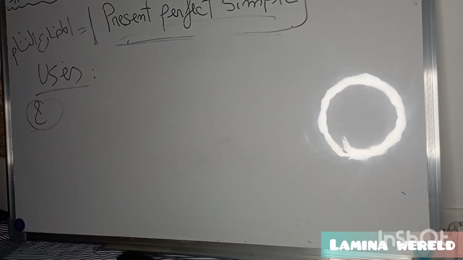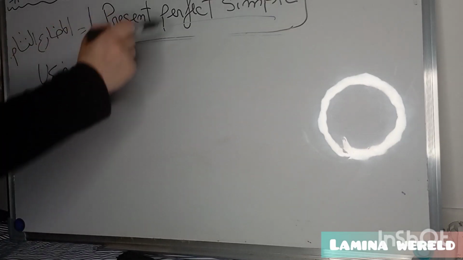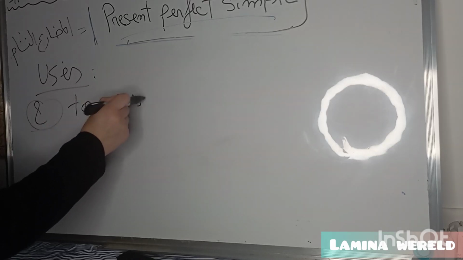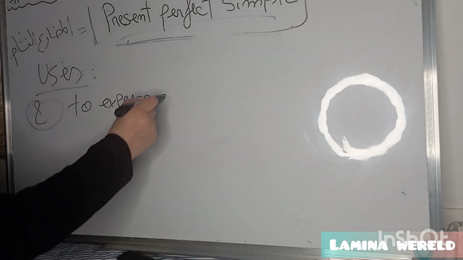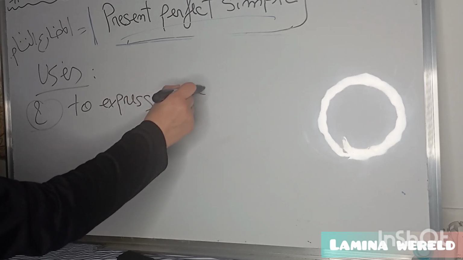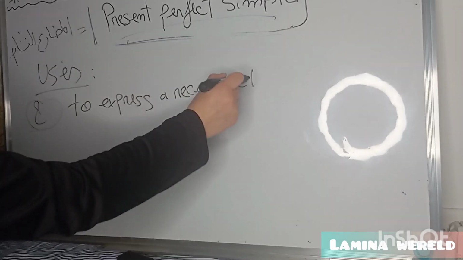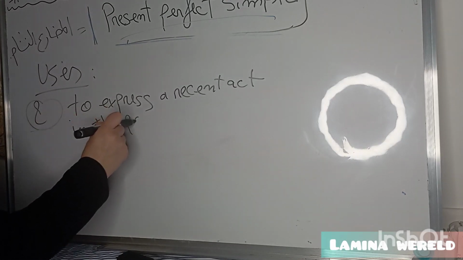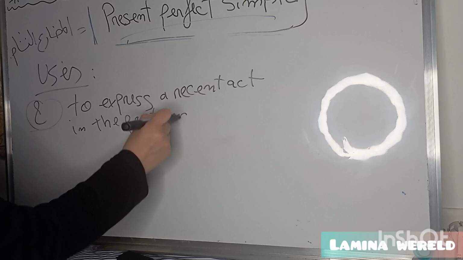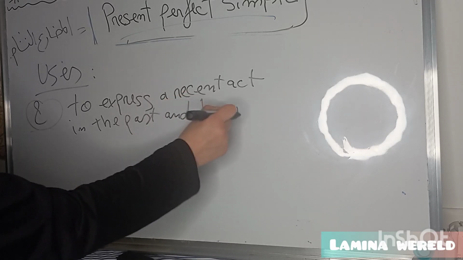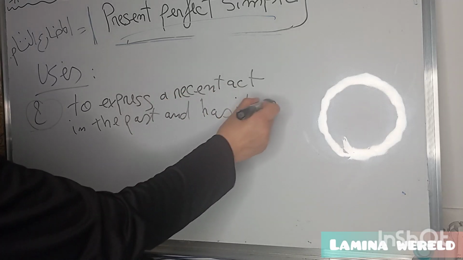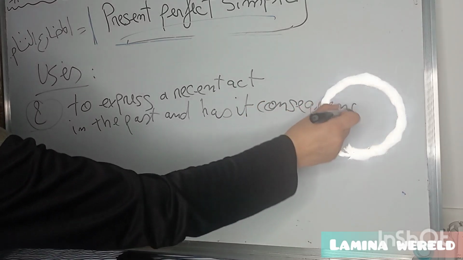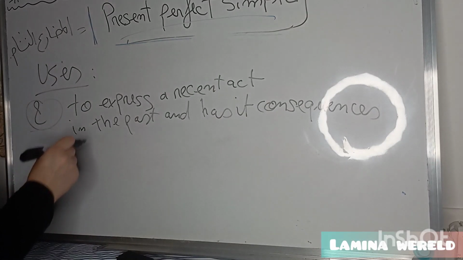Second use, you use present perfect simple to express a recent action in the past and has its consequences in the present.